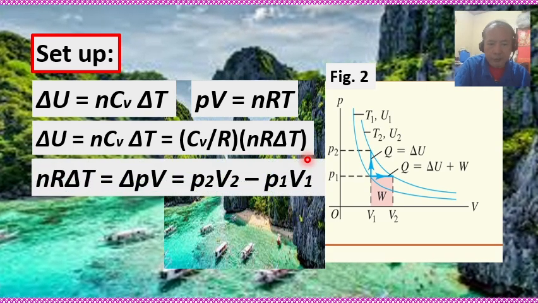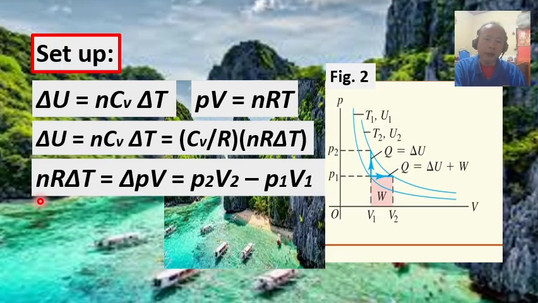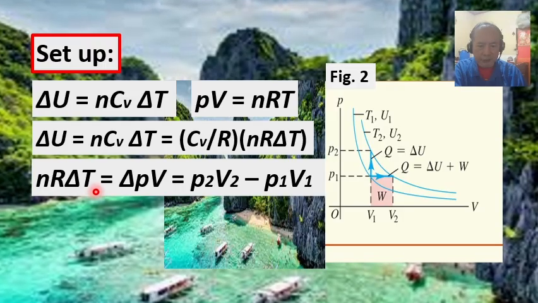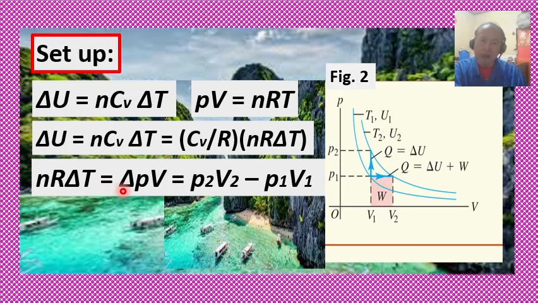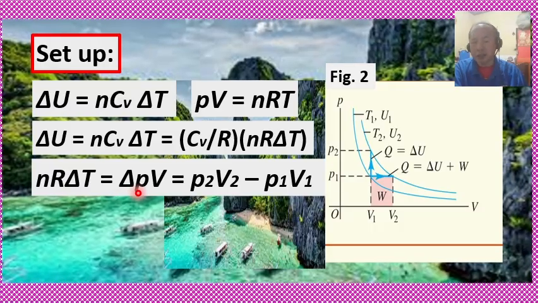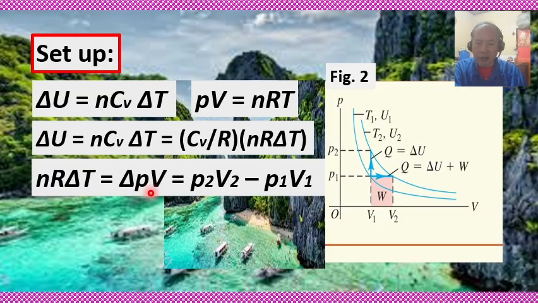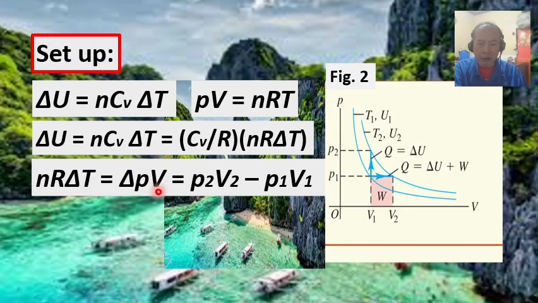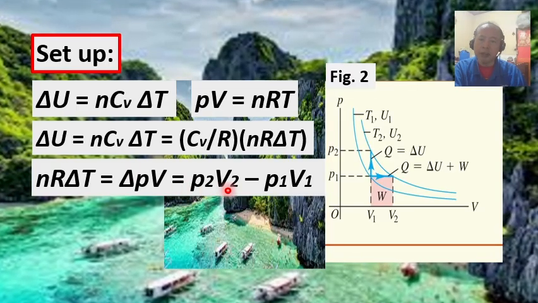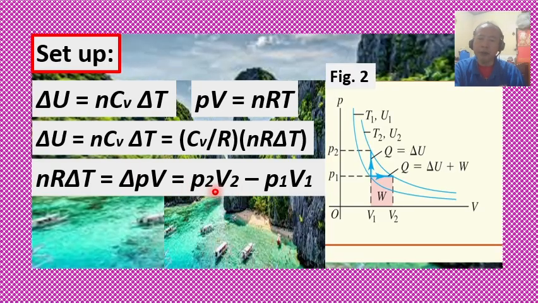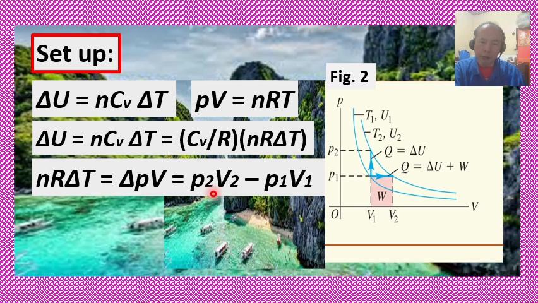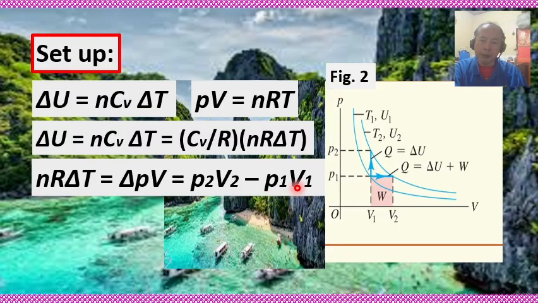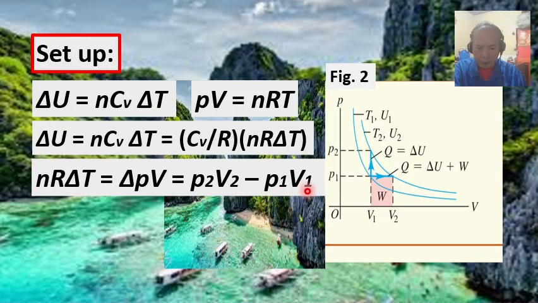And since the product of small n, big R delta T can in fact be replaced by the change in the product of pressure P times the volume V, or delta PV, which is of course the same as the product of the final pressure times the final volume P2 V2 minus the product of the initial pressure P1 multiplied by the initial volume V1.